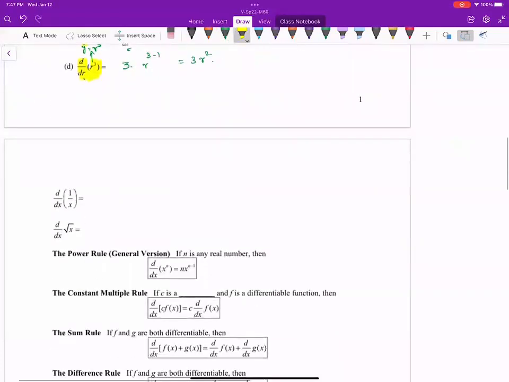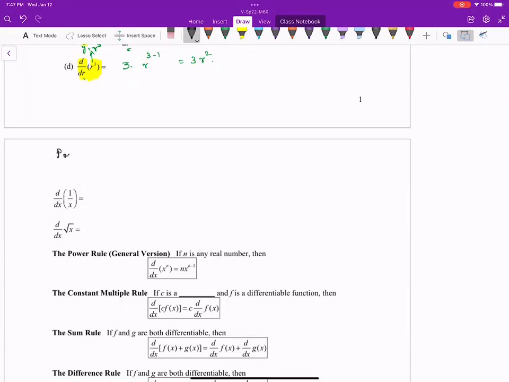Okay. And what is d by dx of 1 over x, the reciprocal of x? So far we know only positive integers, but we can also extend the power rule to negative exponents, so negative integers.